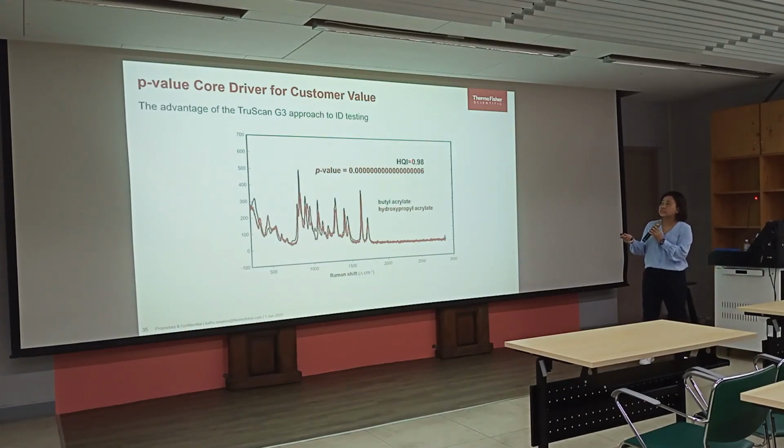Now we use different algorithms to calculate. With the p-value, you can see our p-value is close to 0, which means it is below 0.05, which means fail. But if we use these two spectra and calculate with HQI, it passes. 0.98 is almost a 98% match. If it is a 98% match, I would assume these two materials are the same.